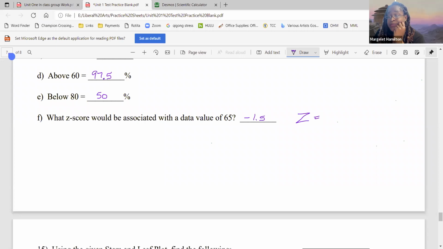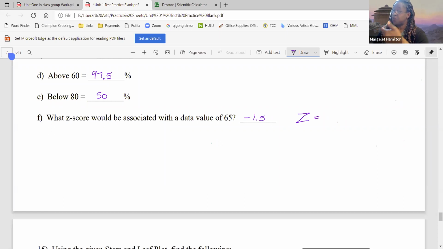Is it the mean minus the standard deviation? Okay, you got most of it, and it's not minus the standard deviation.